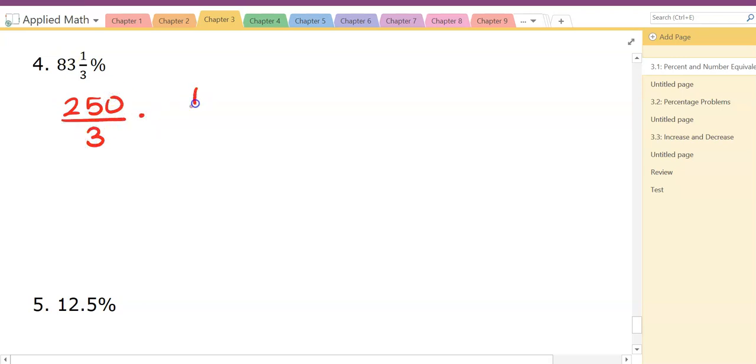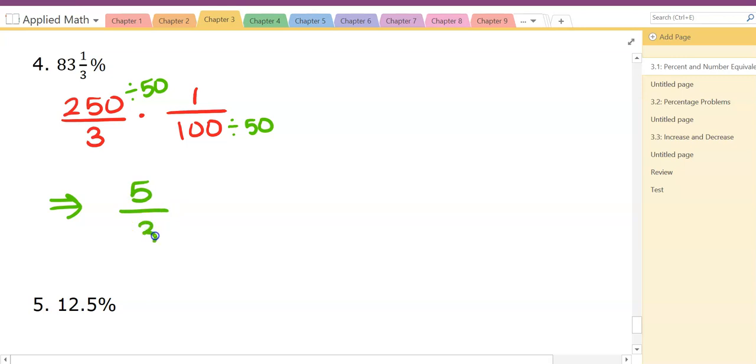And now let's take this times 1/100. So let's try to reduce here. We could probably take 250 and 100 both divided by 50. What's 250 divided by 50? 5.